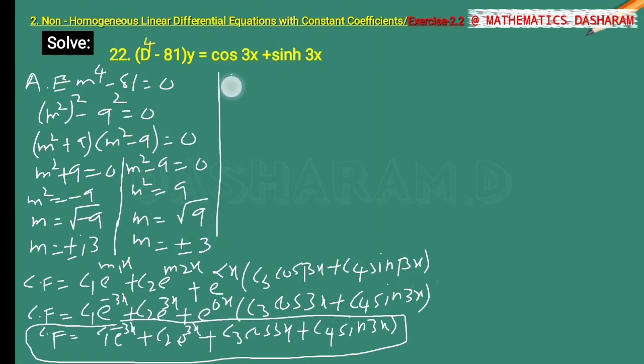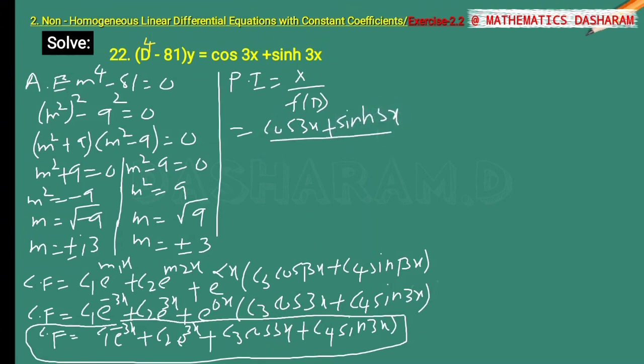Now the particular integral is x divided by f of D. So x value, cos 3x plus sinh 3x divided by f of D, which is D to the power of 4 minus 81.